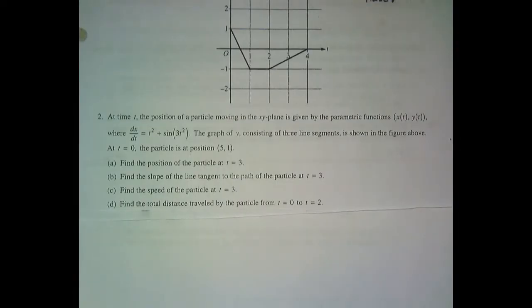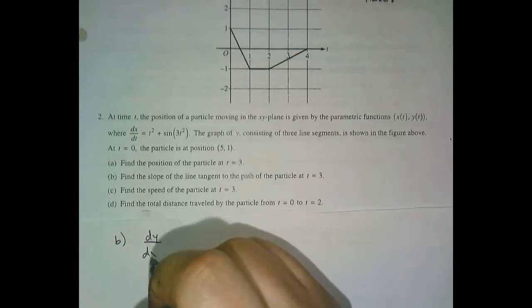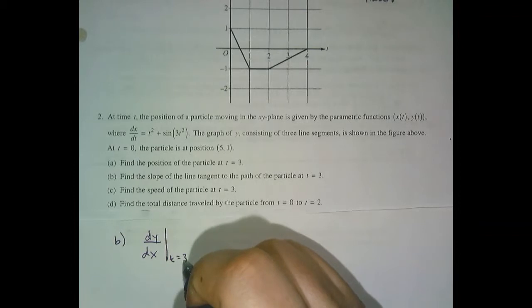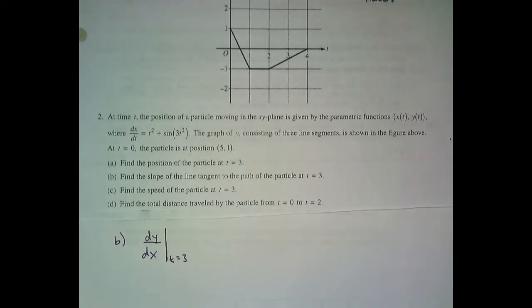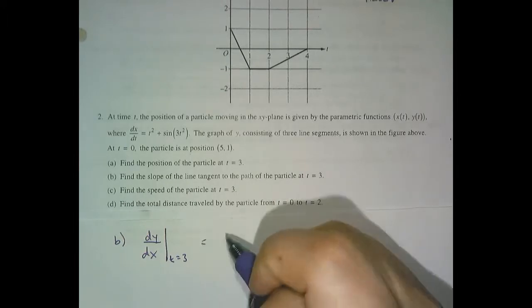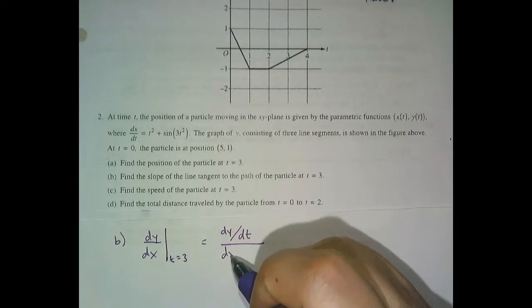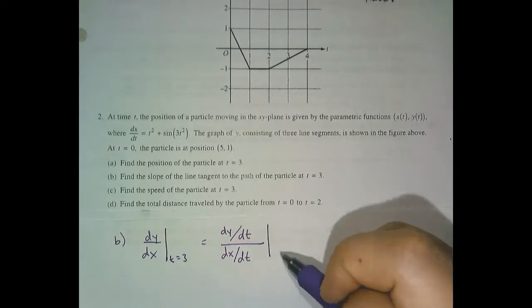Moving on to part B, find the slope of the line tangent to the graph at t equals 3. So part B is asking us to find dy dx when the time is 3. Now our function is not expressed as y equals f of x. We have it in parametric mode, so we have to do dy dt over dx dt when t equals 3.